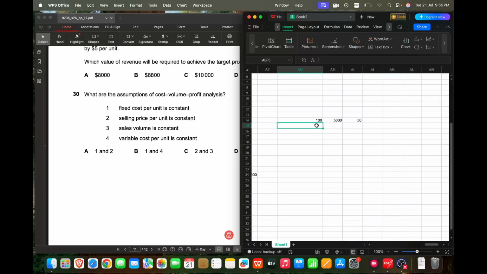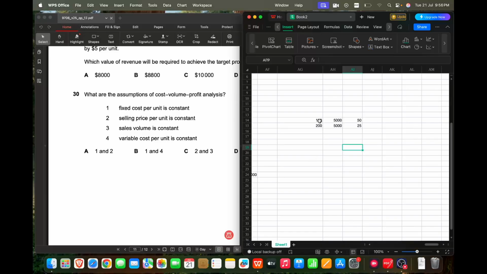But if we sell, let's say, 200 units, the fixed cost will remain the same because total fixed cost does not change, but fixed cost per unit will change out here, which is 5000 divided by 200. So this is not the assumption that we are making. Okay, so fixed cost per unit should also change out here, but the selling price per unit should remain constant.